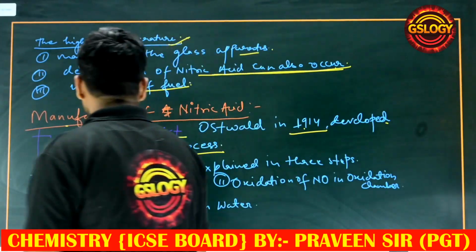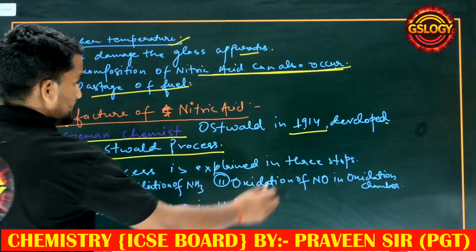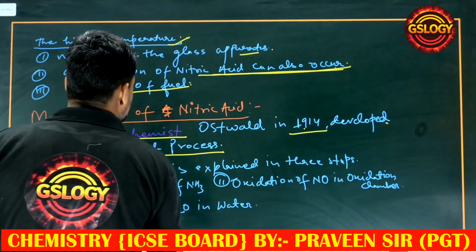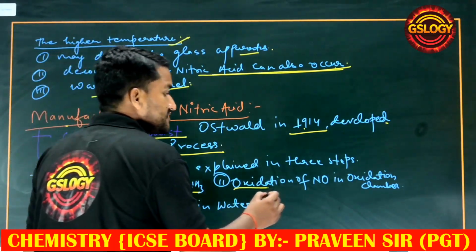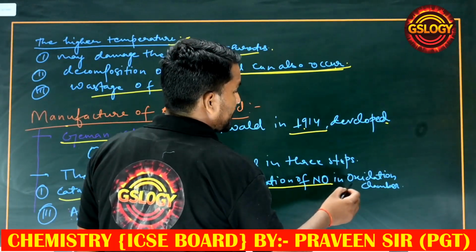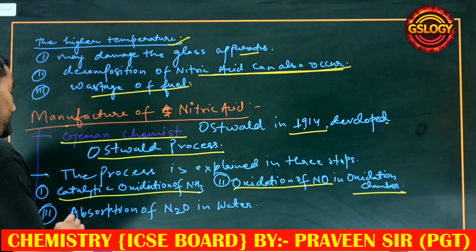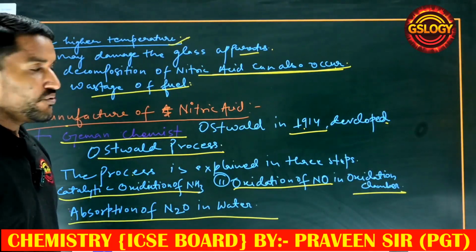In this process, the process is explained in 3 steps. First, catalytic oxidation of ammonia. Second, oxidation of nitric oxide in the oxidation chamber. And third, absorption of the N2O in water.